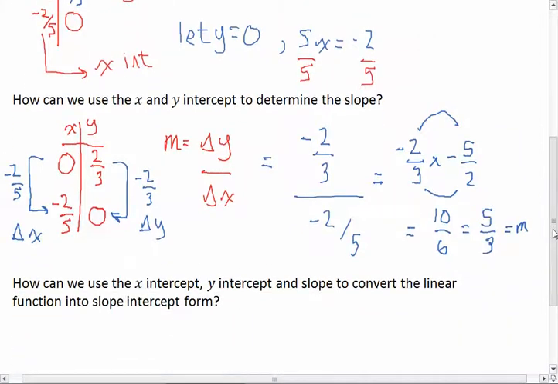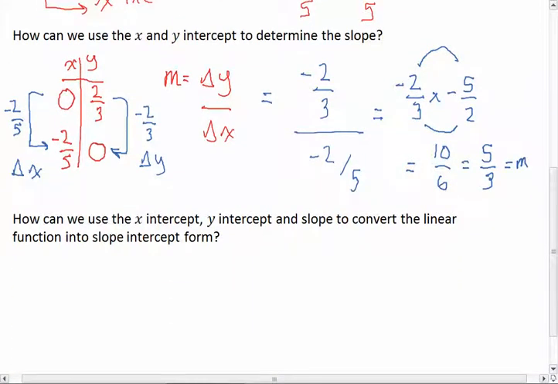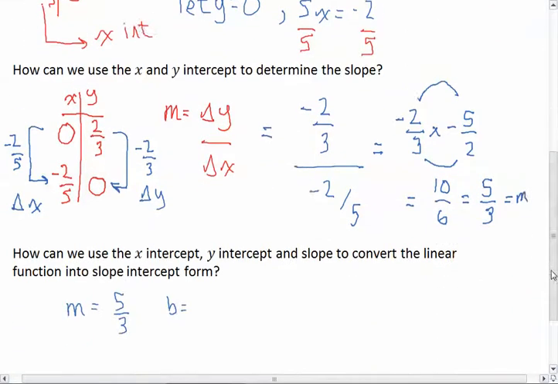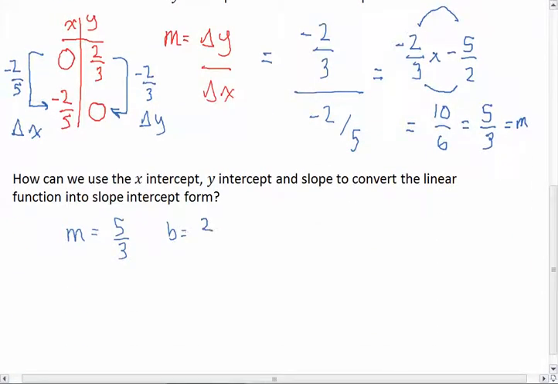So let's take a look at what we've got here. How can we use the x-intercept, y-intercept, and slope to convert this linear function into slope-intercept form? For slope-intercept form, we need the slope, and we need our y-intercept. What value did we have for our y-intercept? Take a look back. Our y-intercept was 2/3, right?